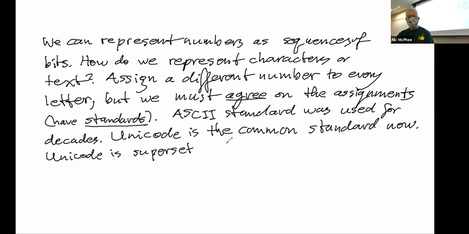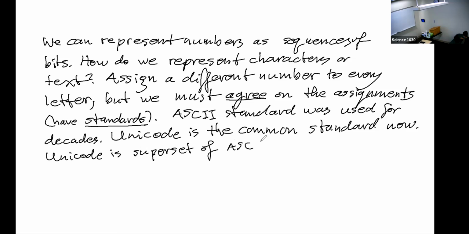So it uses the ASCII assignments for regular English, American English letters, but then it allows for assignments for all these other character sets as well. So in Unicode, you can have Thai, and you can have Korean, and you can have Arabic, and you can have Hebrew, right? You can have all these different things.